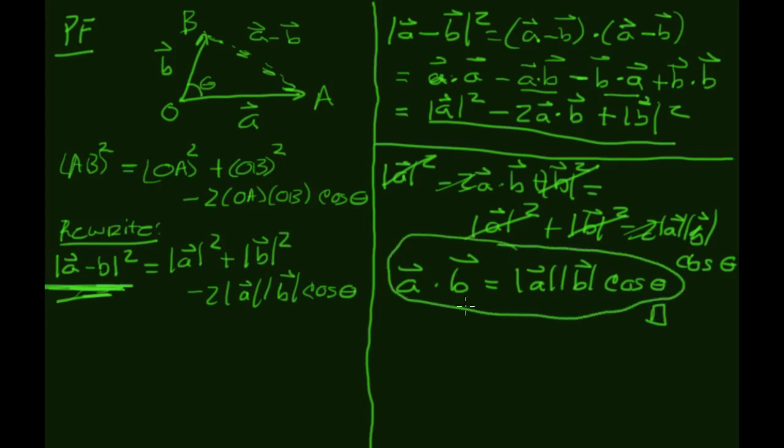So this gives us a way to go between the dot product and the angle measure. Woohoo! We just proved, one more time, that A dot B is equal to magnitude of A times magnitude of B times cosine theta.